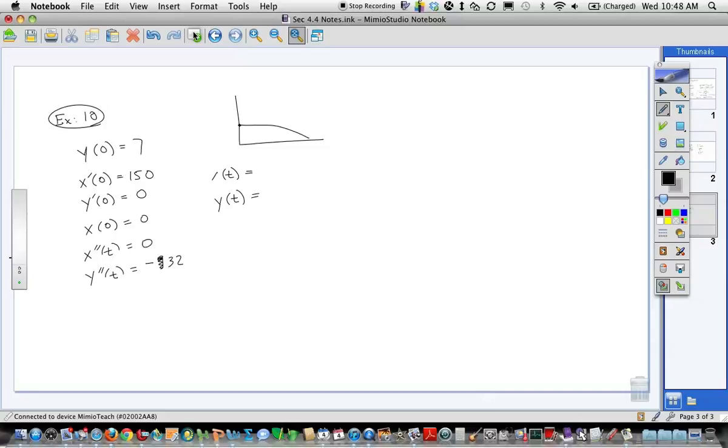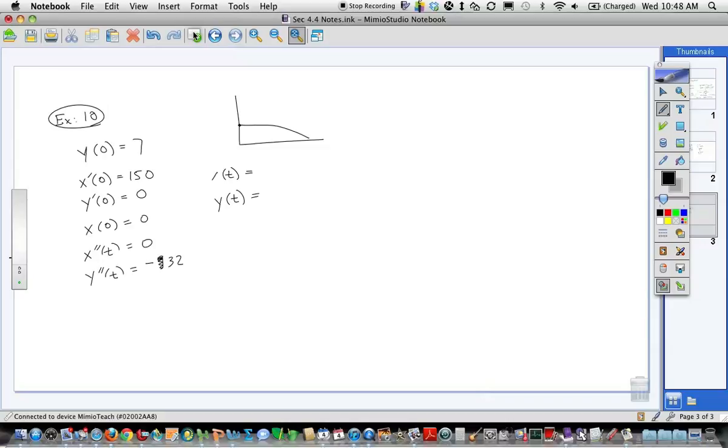How could we go from x double prime and get an equation for x? Antiderivative. What's the antiderivative of 0? Any constant. So x prime would be just some constant, c.